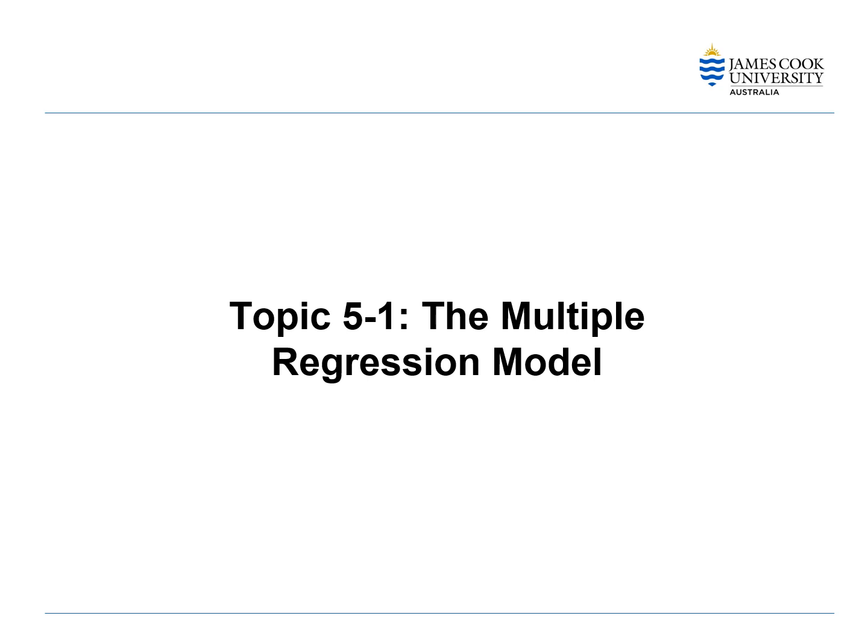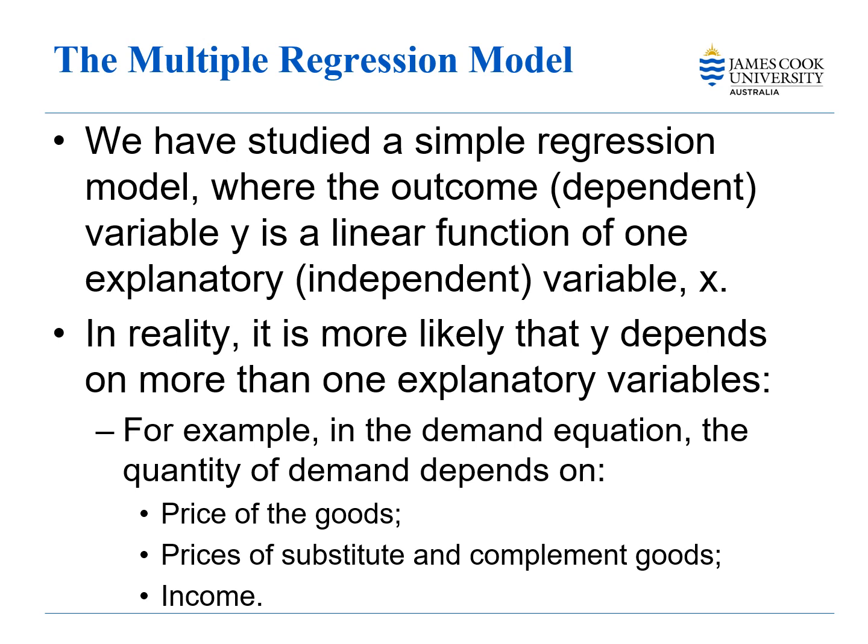The multiple regression model. So far, we have studied a simple regression model where the outcome dependent variable y is a linear function of only one explanatory independent variable x, and we used examples where y is the food consumption expenditure and x is the weekly household income.